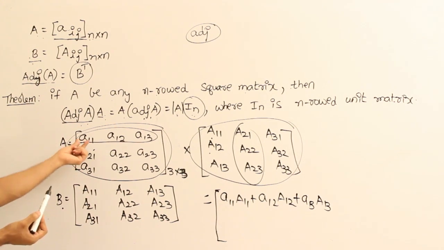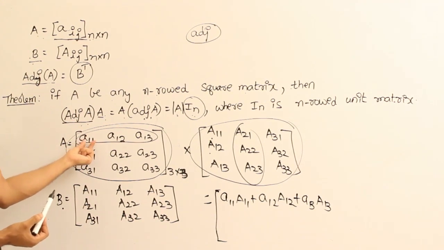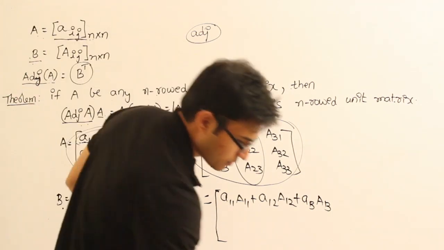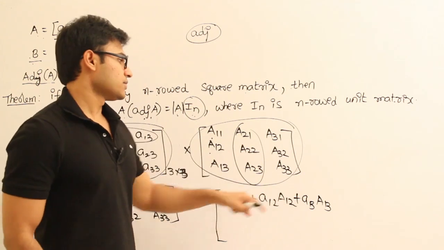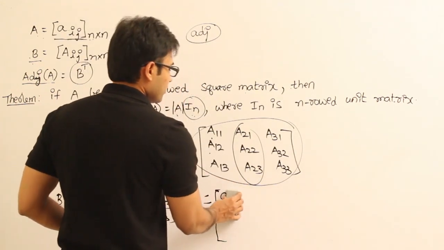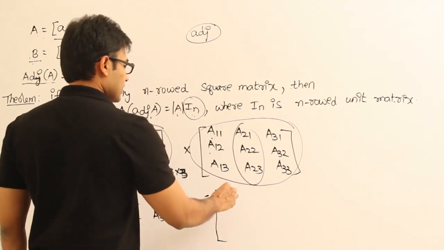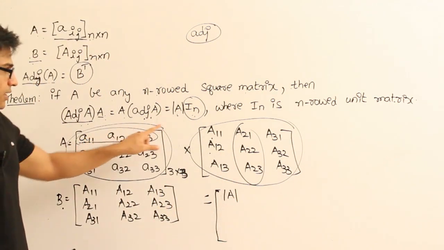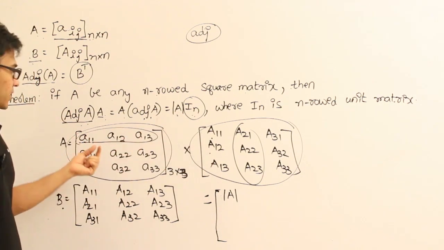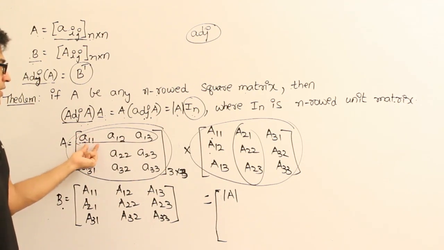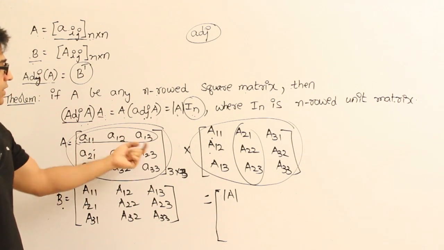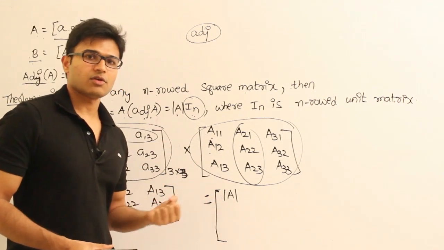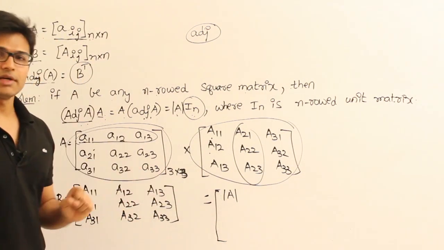What is the definition of determinant? Multiply every element with its corresponding cofactor and then sum them up. Therefore this entire thing is nothing but the determinant of A, so I am writing it as det A. This row multiplied with this column is multiplying every element of the row with its corresponding cofactor and summing them up, which is the definition of the determinant of a matrix. Therefore I can write it as det A.